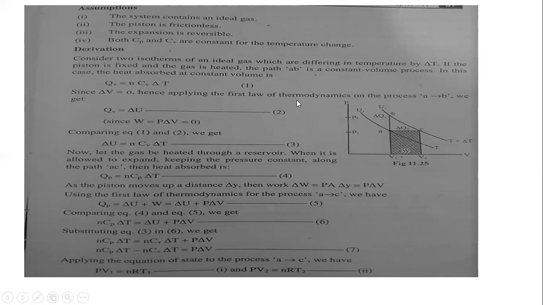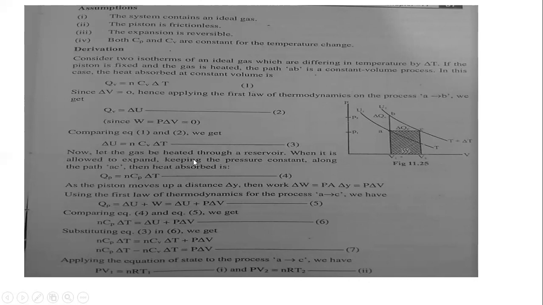Hence, applying the first law of thermodynamics, delta Q equals delta U plus delta W. But we know that delta W is 0 in this case, so delta Q equals delta U. By comparing equations 1 and 2, because one side of both equations is the same, it becomes delta U equals n Cv delta T.